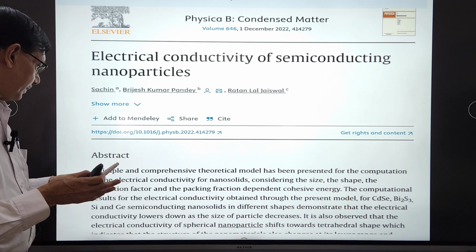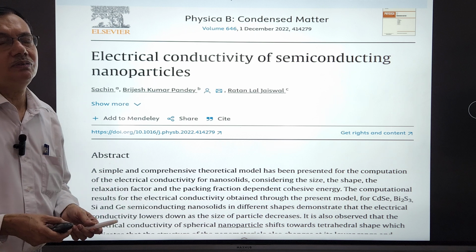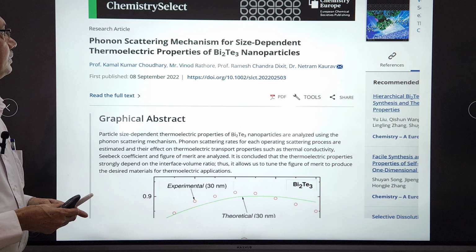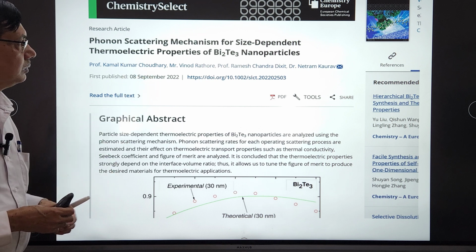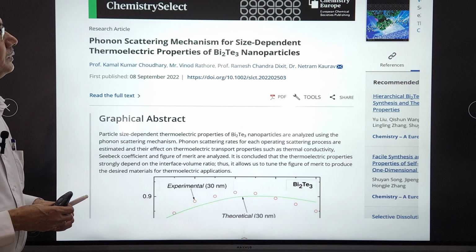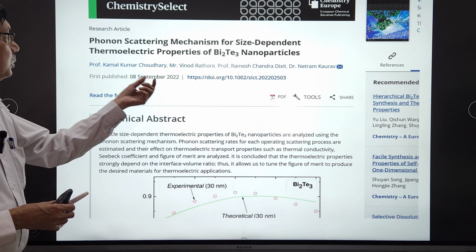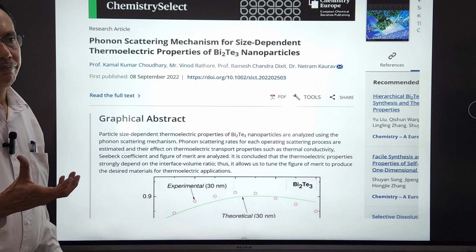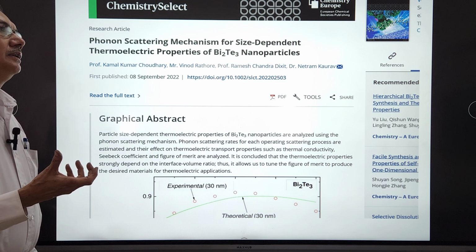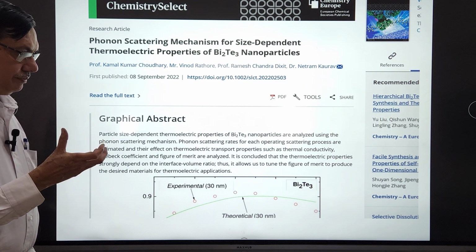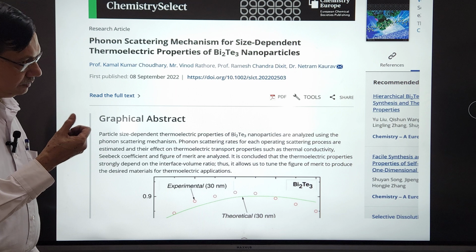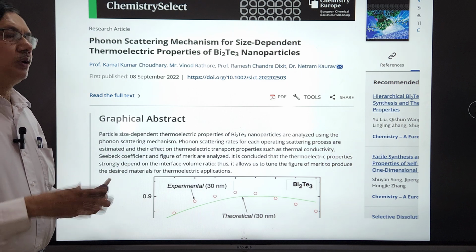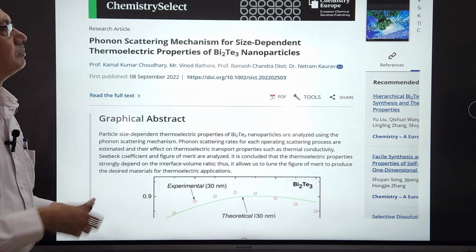considering the size, shape and relaxation factors, which is very important. And it is also a very new paper related to thermoelectric properties, because you know that phonon and electron phonon scattering is one of the important factors for these properties.